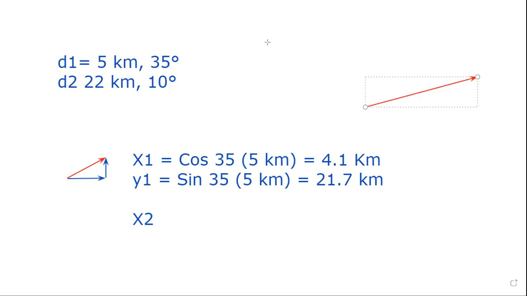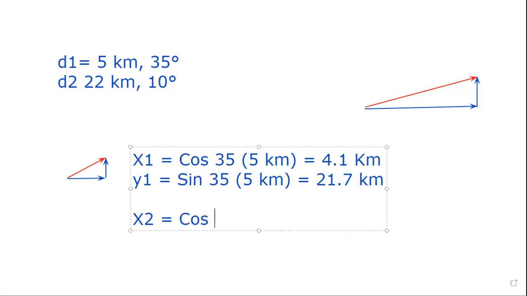You have to find how much this leg is and how much this leg is. So how do you find X2? Same procedure: cosine of the angle, 10 degrees, times 22 kilometers.